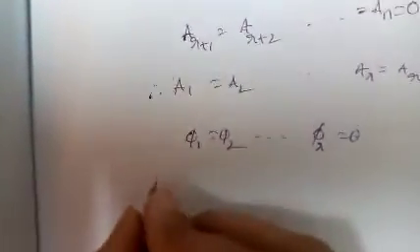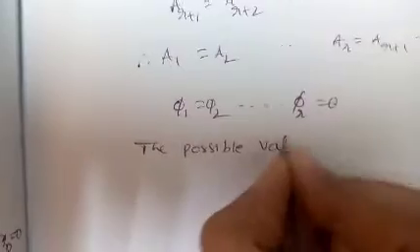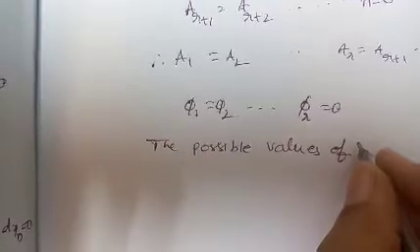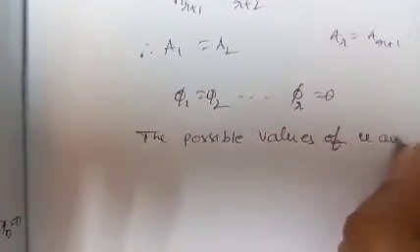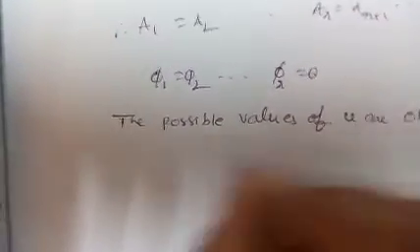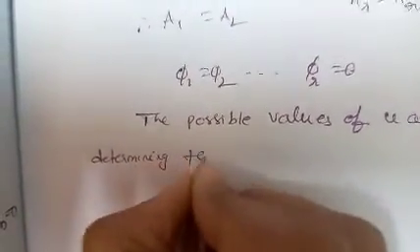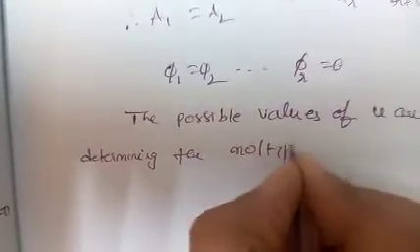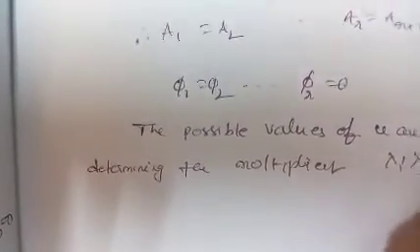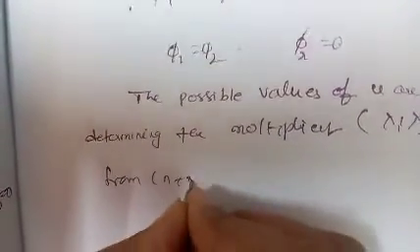So the possible values of u are obtained by determining the multipliers lambda 1, lambda 2 and so on lambda r from n plus r equations.